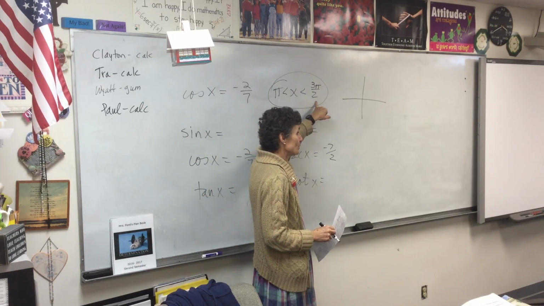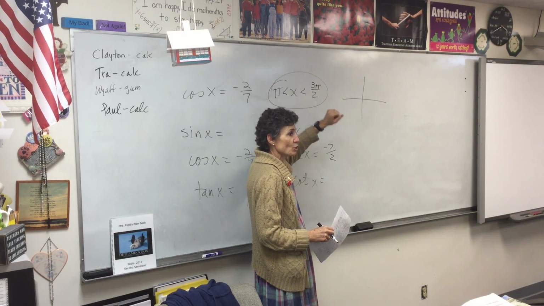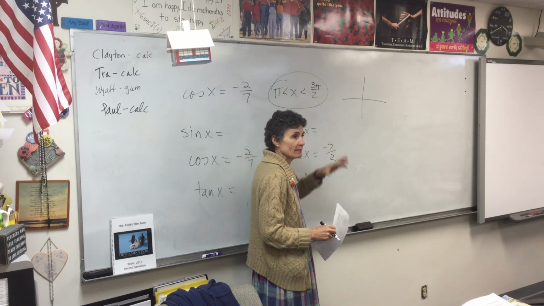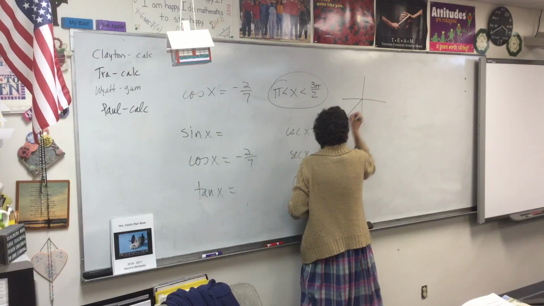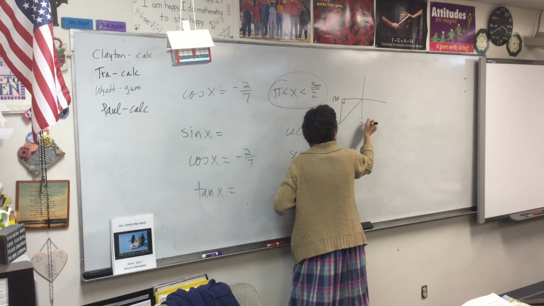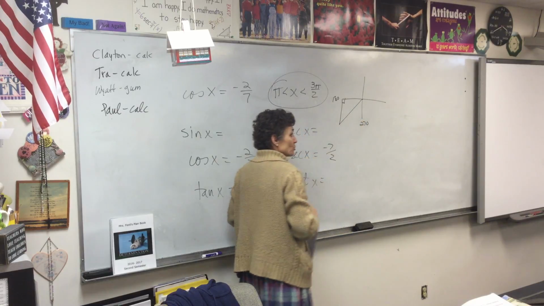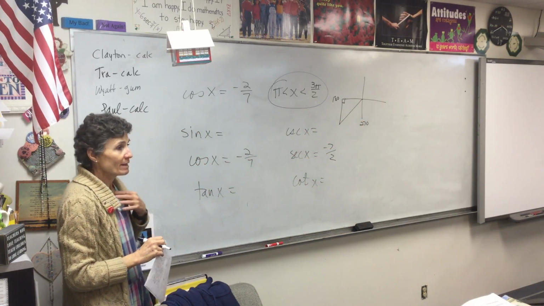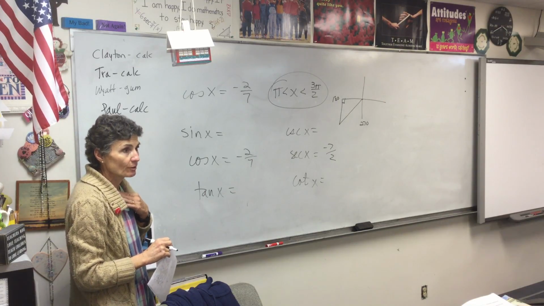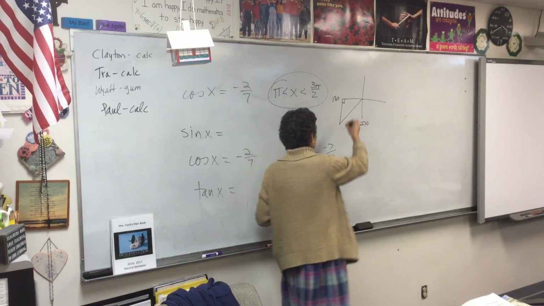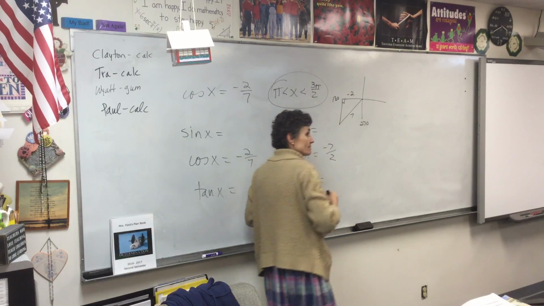What's 3 pi over 2? 270. Where's the quadrant that's between 180 and 270? It's quadrant 3. This tells you where you are. This is 180, this is 270. You're somewhere between those. They don't make it hard. That's easy. They tell you. You're in quadrant 3. Now, the cosine is -2/7.